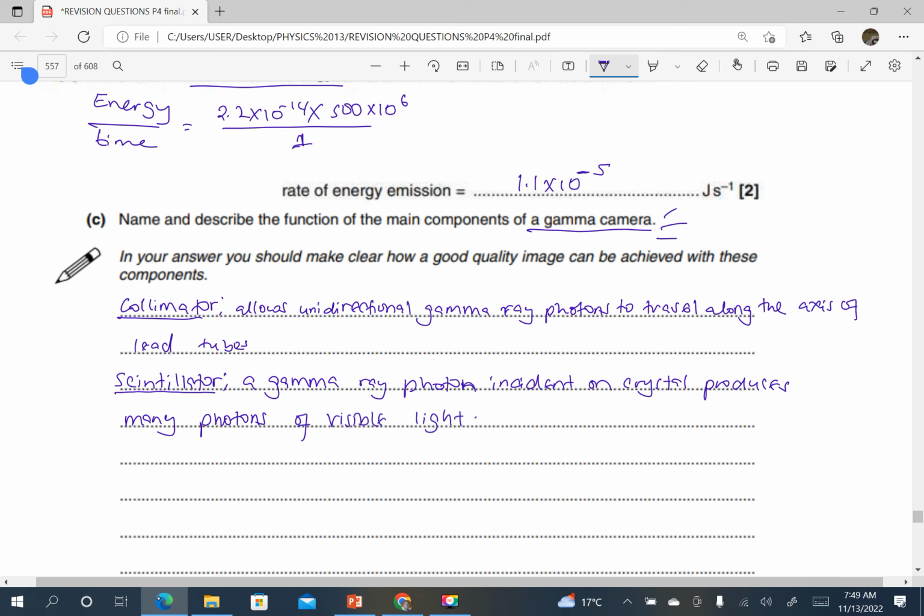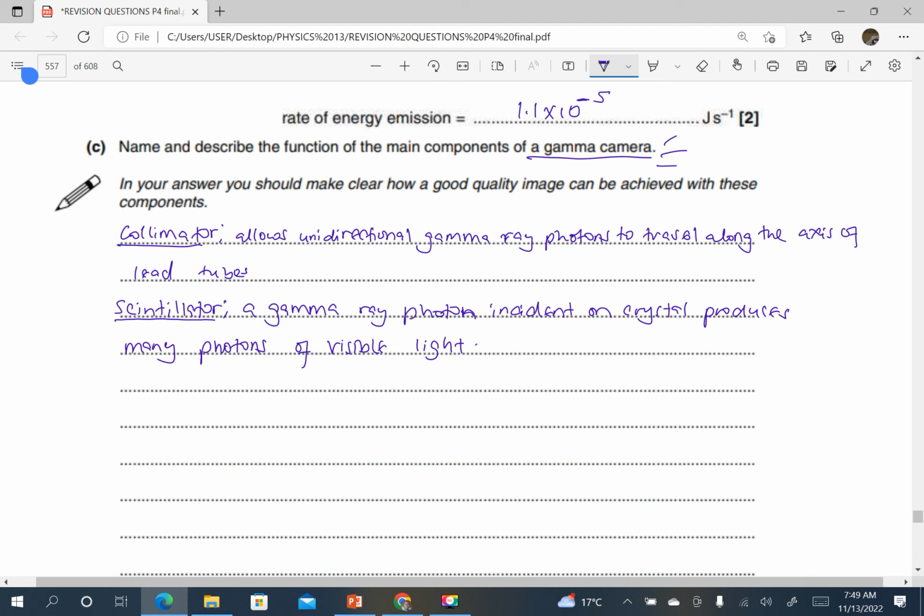That is scintillation. Remember, the gamma ray photon gives its energy to an electron in the crystal. As the electron moves through the crystal, it excites other electrons. When all these electrons de-excite, they re-emit photons of visible light.